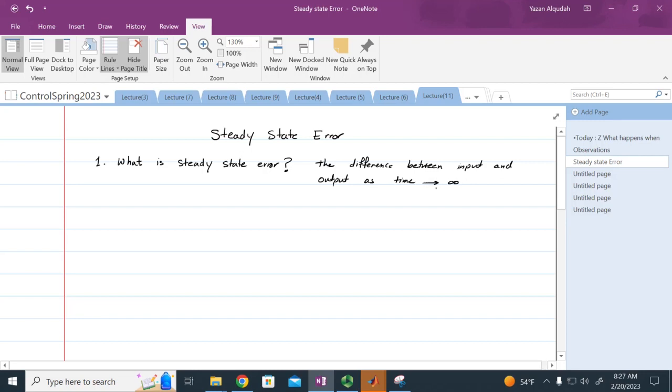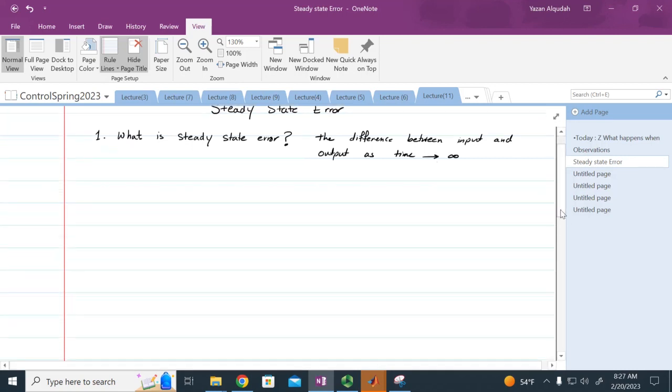And that's the steady state. The steady state refers to time goes to infinity. And the error, we define it as the difference between the input and the output.